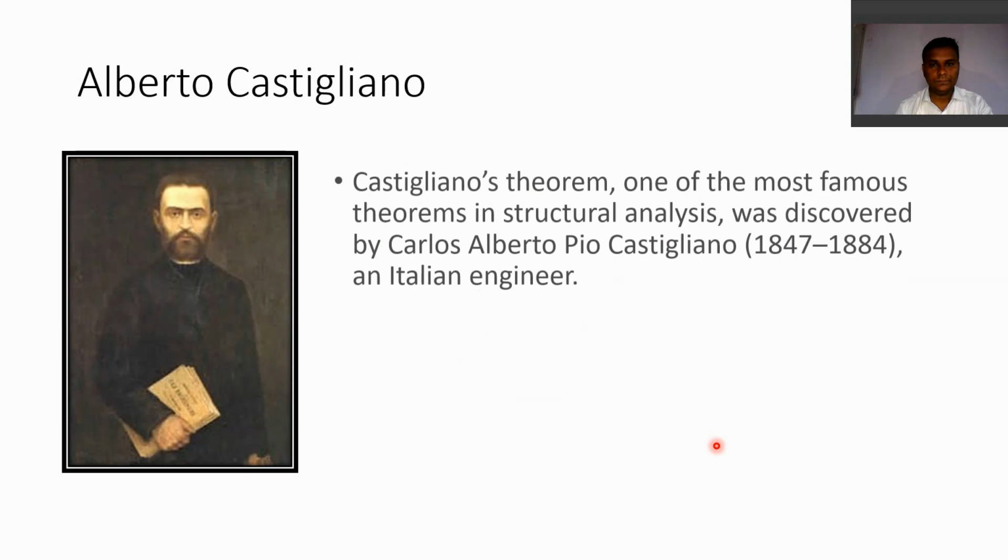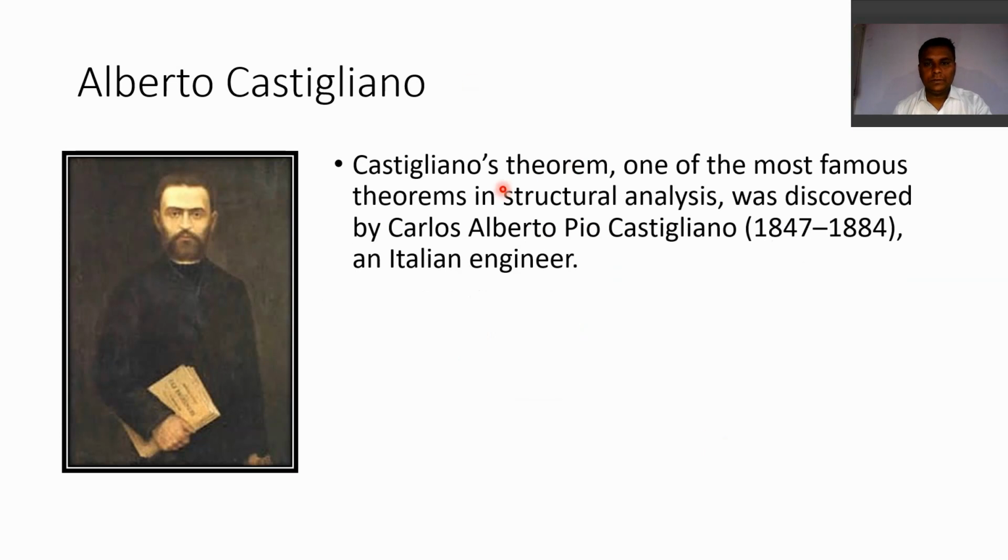Now before discussing the statement of this theorem, let us first discuss this scientist whose name is Alberto Castigliano. This Castigliano's theorem is one of the most famous theorems in structural analysis, which was discovered by Carlo Alberto Pio Castigliano, an Italian engineer.